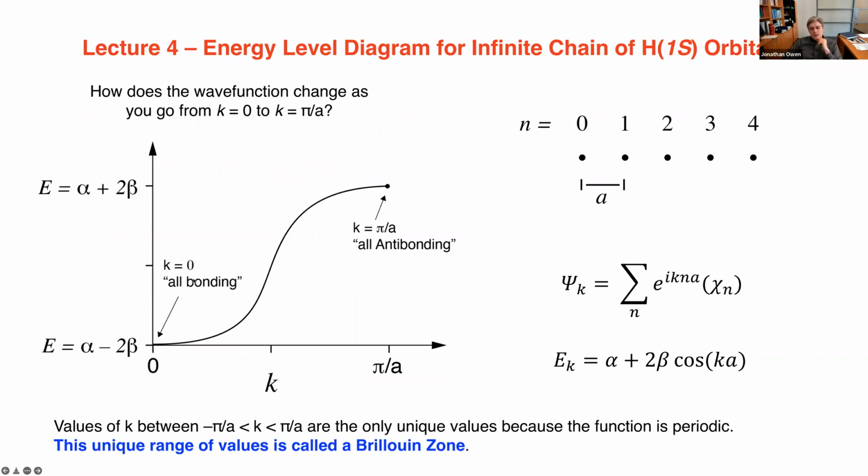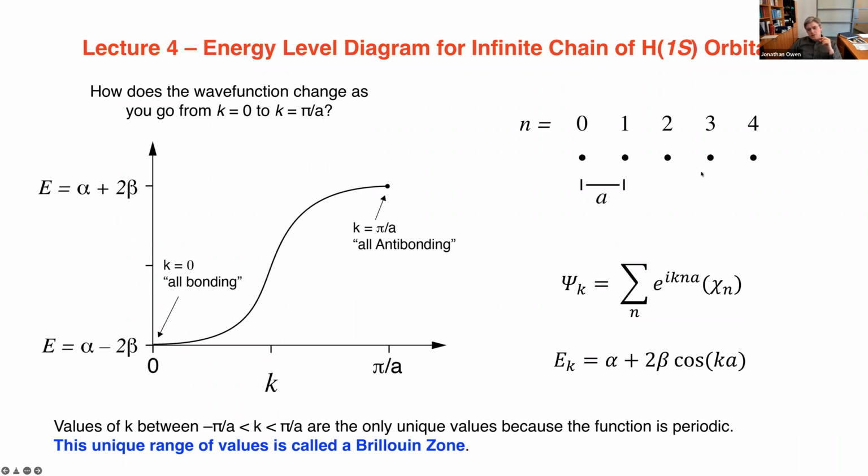So because this wave function e to the ikx is a cosine and sine function, you end up with the shape of this curve that you see here as you go from this all bonding k equals 0 to the all anti-bonding k equals pi over a. So it has this sort of funny looking shape as you go from the bottom of the collection of orbitals to the top.